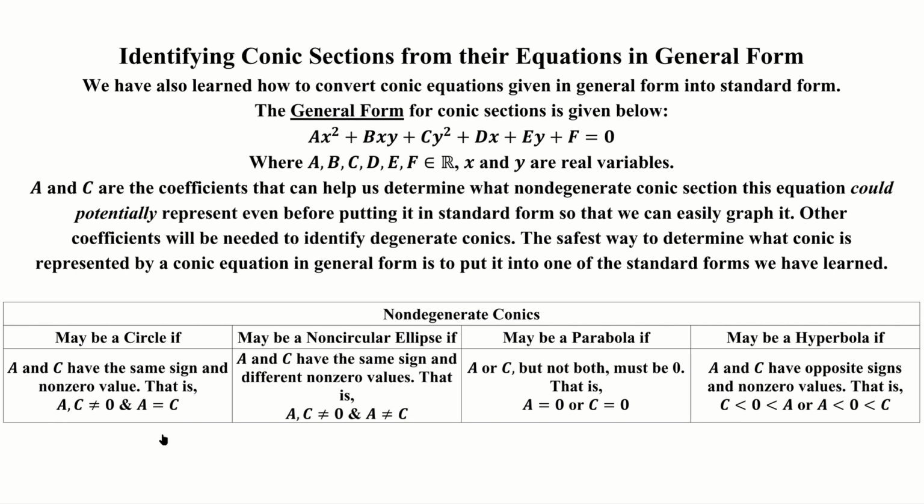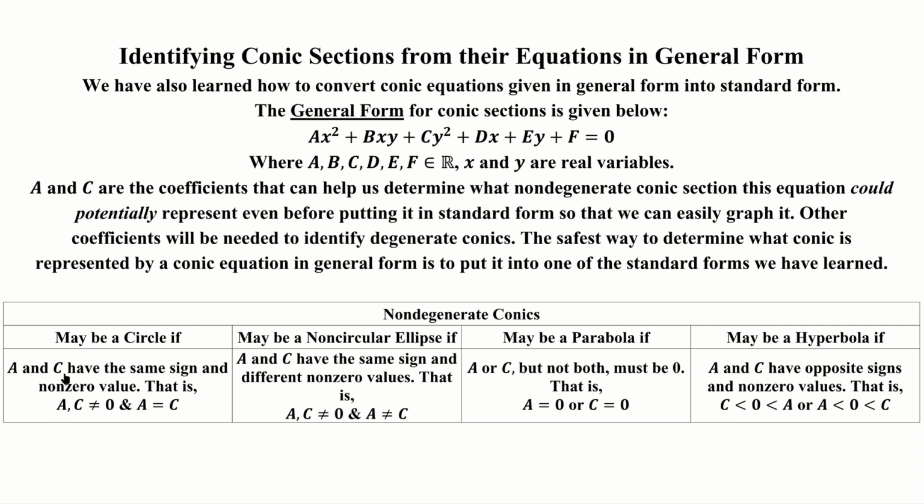So the safest way to determine what conic is represented by a conic equation in general form is to put it in one of the standard forms that we've learned, and then we can tell for sure what kind of a conic we're looking at. But if we're going to try to guess what kind of a conic we're dealing with, these conditions would have to be met for sure.